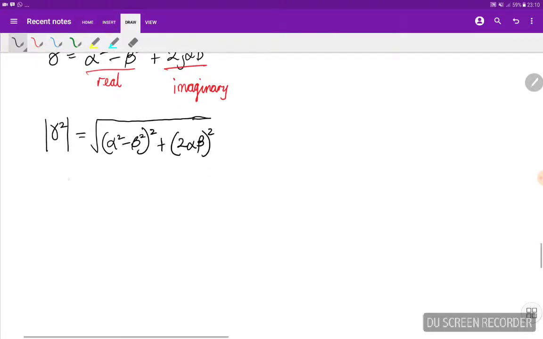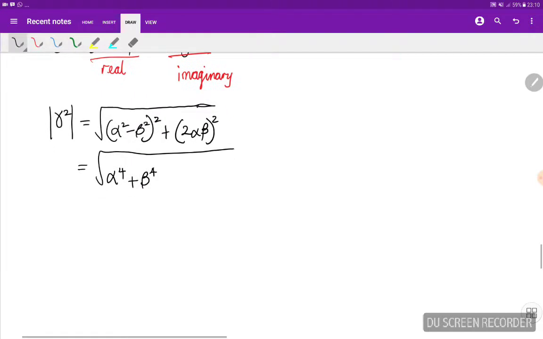If we open the bracket, we'll get α⁴ + β⁴ − 2α²β² + 4α²β².